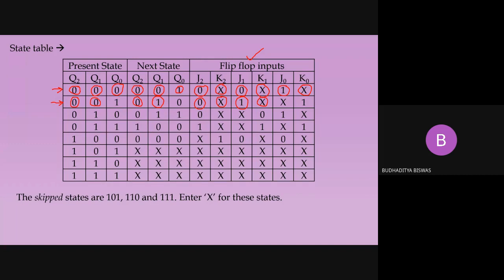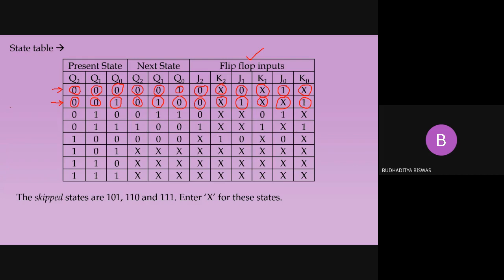Here you see for the second row, Q0 equal to 1, present state was 1, next state was 0. So that means it was a 1 to 0 transition. And for the 1 to 0 transition, what will be the JK input? J don't care, K 1. See, J0 equal to don't care, K equal to 1.